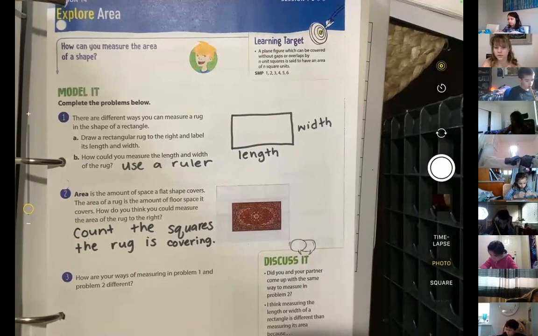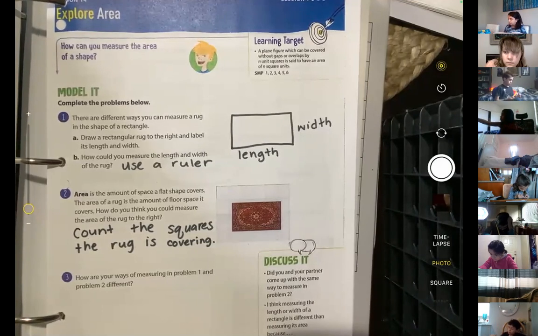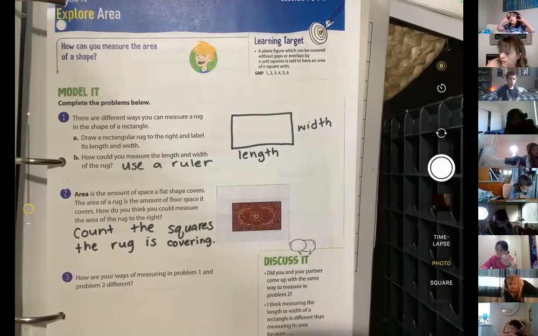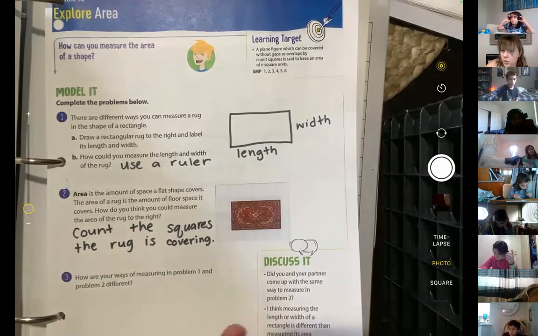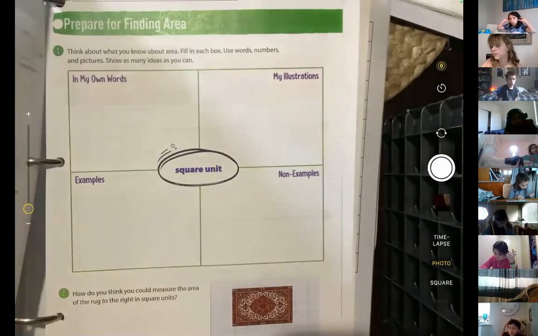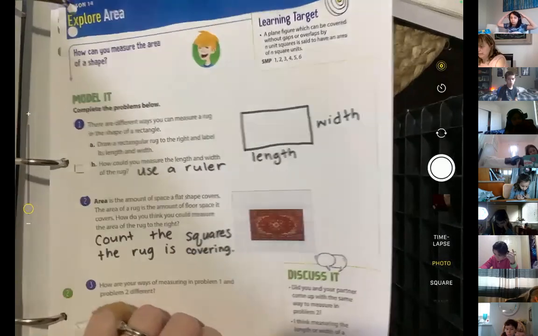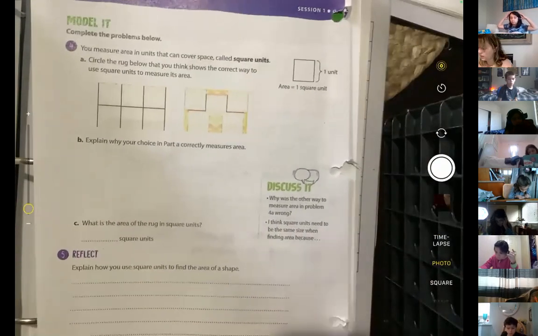I see a couple more friends, pencil's still moving. See some friends showing me they're ready, good. Okay, I am going to turn the page, so if you missed this, I can always come back when I meet with you in small groups. All right. Here we go, next page.